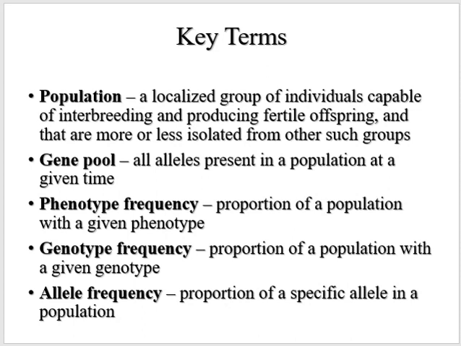Now, when we talk about the gene pool and these changes in frequencies, allele frequency represents the proportion of a specific allele in a population. That can change over time, depending on the natural variation of genetic composition of individuals.